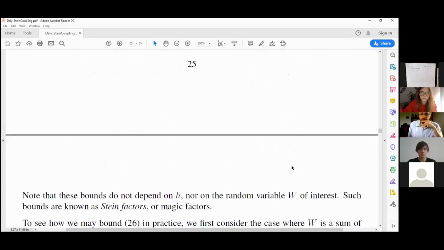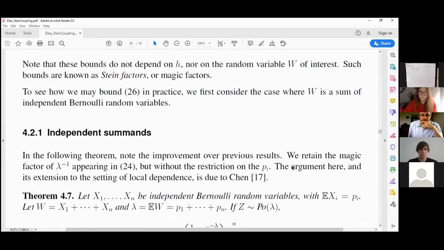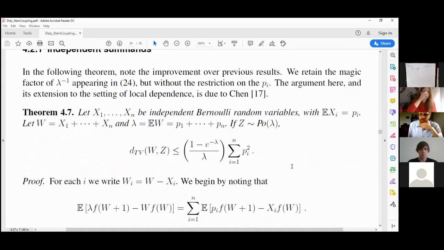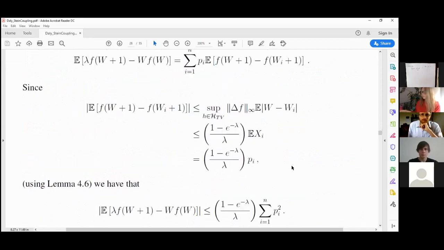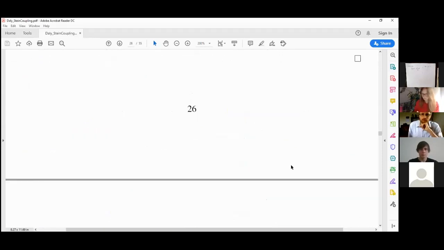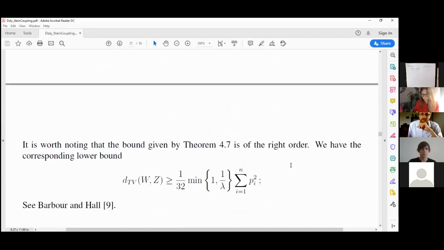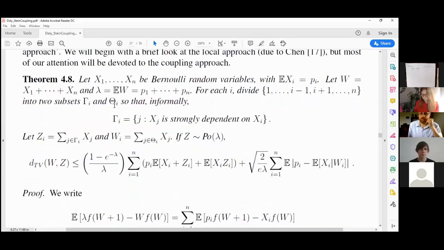So we saw last time how this works in the independent case, because the independent case is always the easiest example to start with. We also saw how the arguments generalized to a local dependence setting, where I'm thinking about a sum of dependent Bernoulli random variables, and for each term in that sum we had some small class of random variables which were strongly dependent on it.